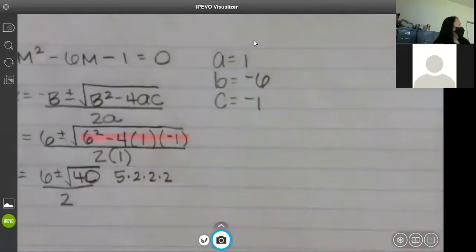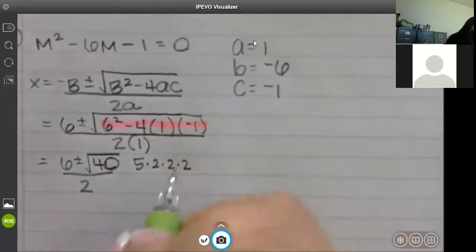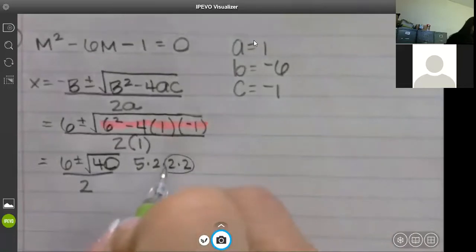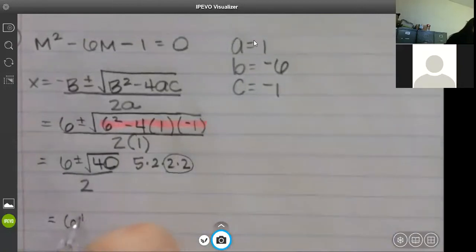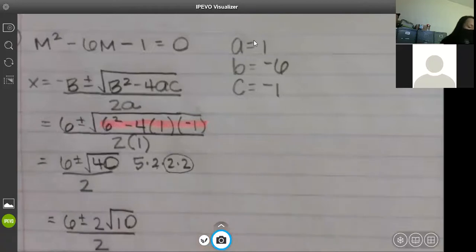Remember that from a while back? 3 2s. Do we have a pair? Yeah. So that comes out. So this is what we're looking at now. 6 plus or minus. I'm taking out a 2. And I'm leaving 5 times 2, which is 10 over 2.